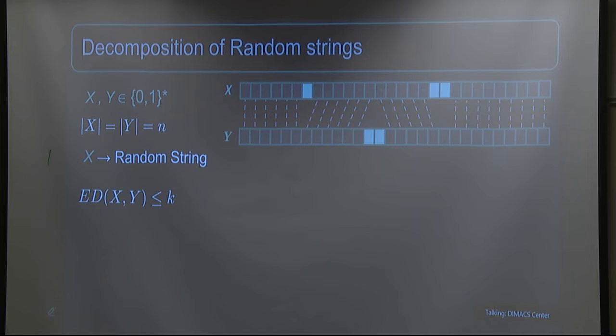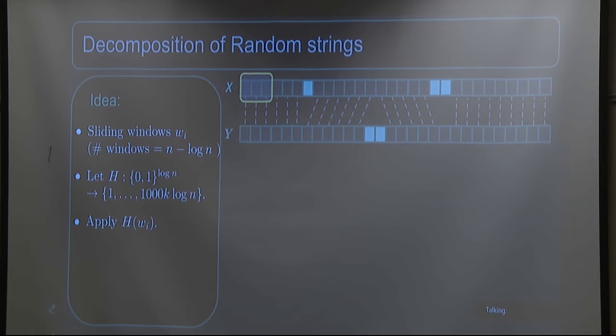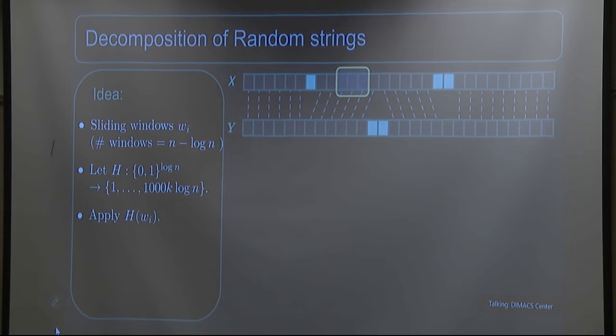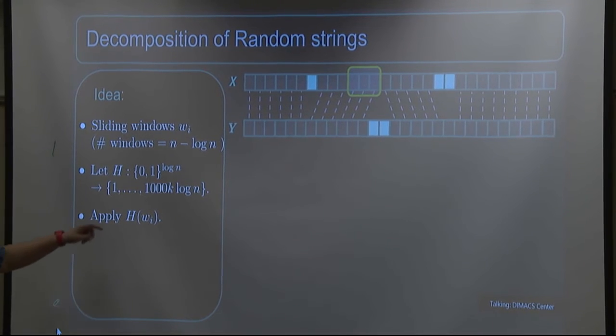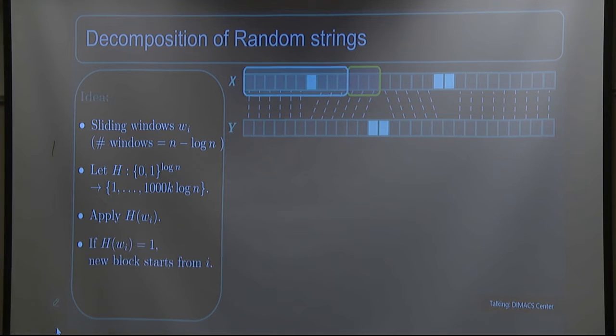For random strings, we can take a sliding window of size, say, log n, and hash the window to one of the 1000k log n buckets. Once the hash function gives us 1, so the window is hashed to bucket 1, we start a block or end the previous block.